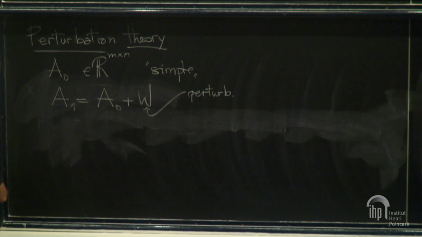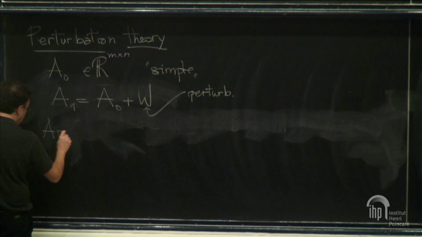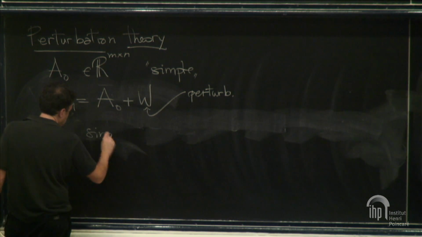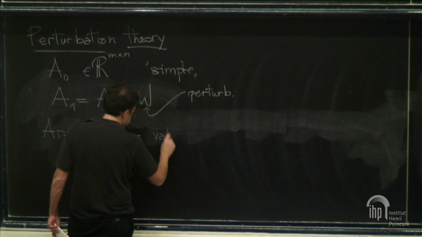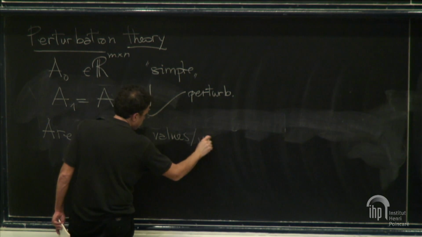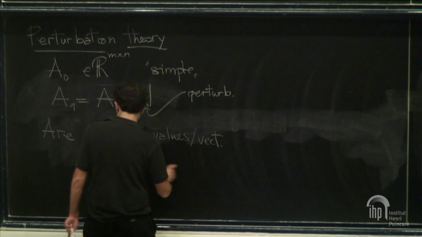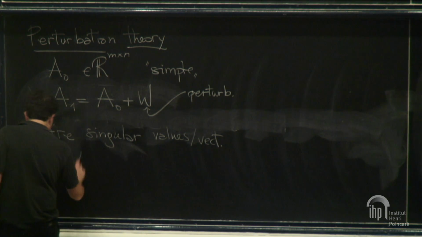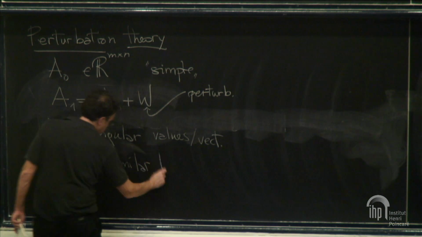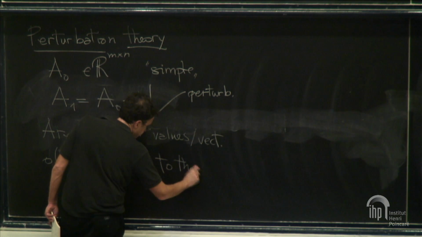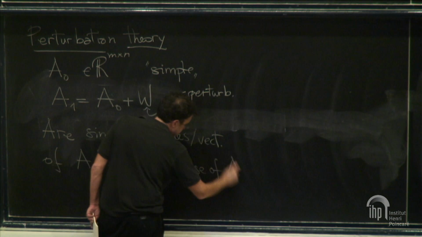So the general question is: are the singular values and vectors of A1 similar to those of A0?